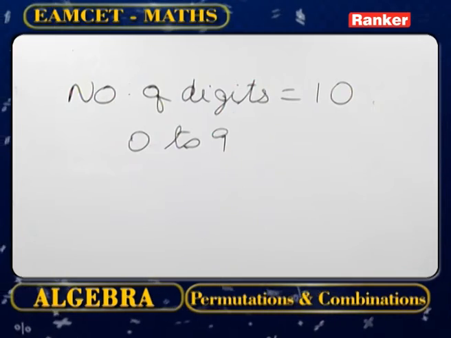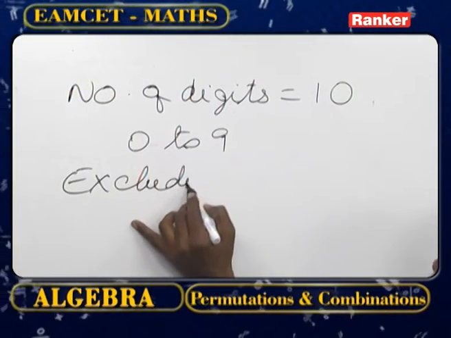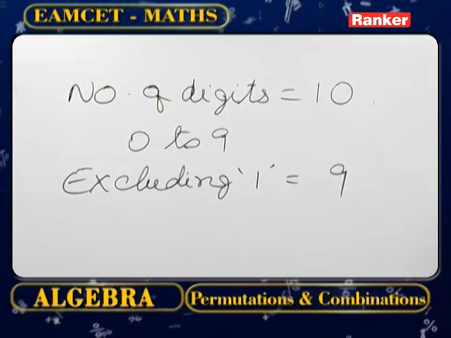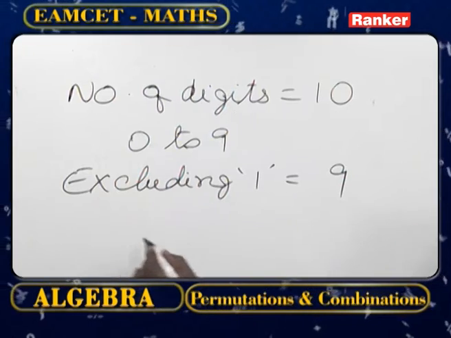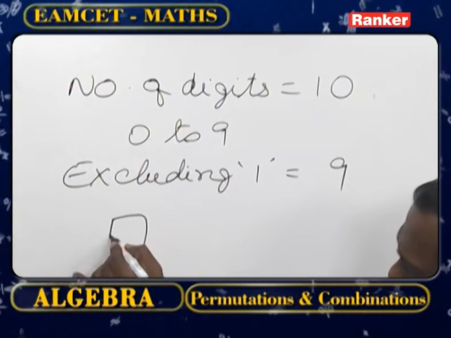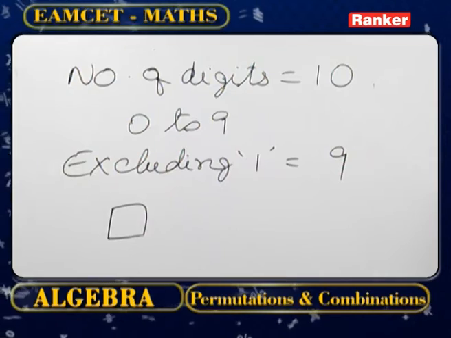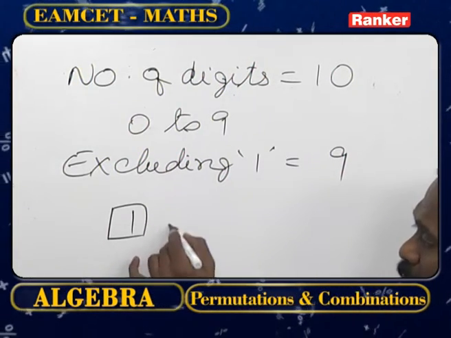Excluding 1, how many are there? 9 are there. So if you write the one digit number, we need that number which is containing 1 only. Containing 1 will be only 1.